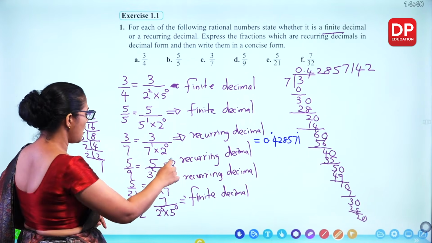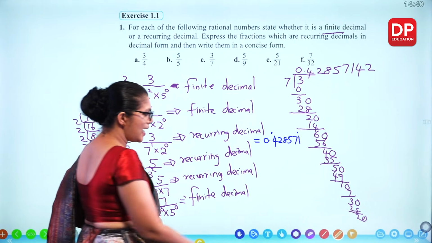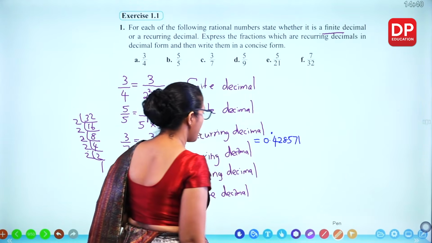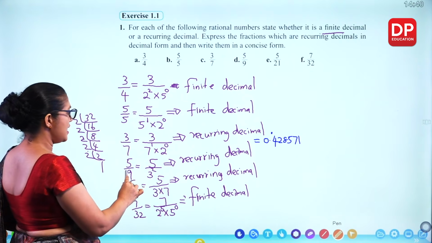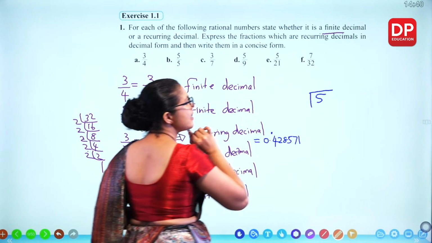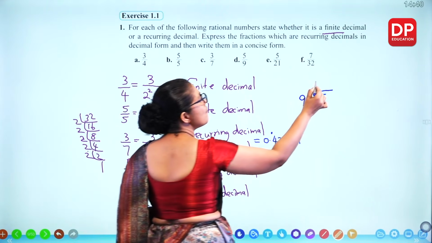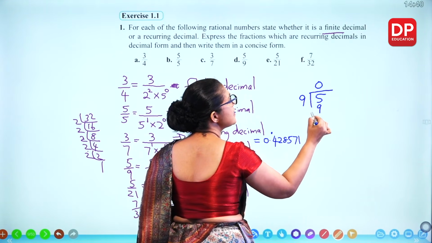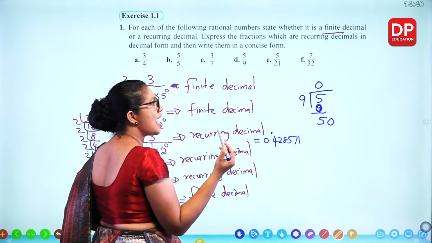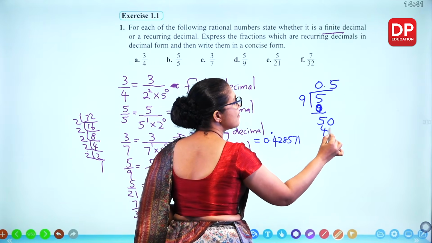Now we'll take this one, 5 over 9. So we'll divide 5 over 9 and see. I'll erase this one and then I'll write down the next one. We need 5 over 9 as recurring decimal. So 5 divided by 9. For 5, there's no 9s. 5 remaining. For 50, how many 9s? 9 times 5, 45.